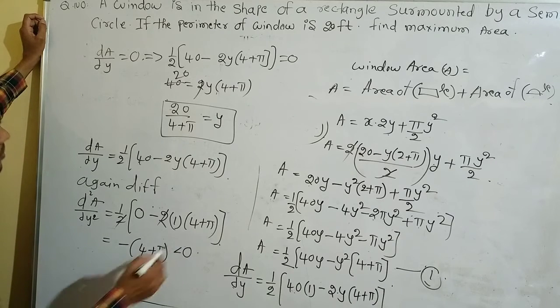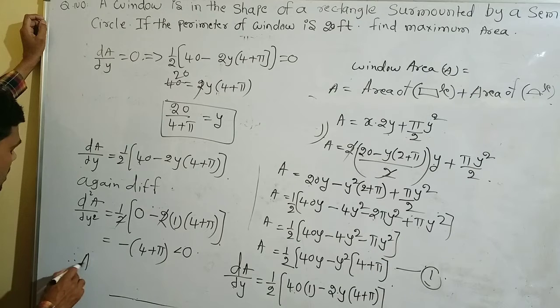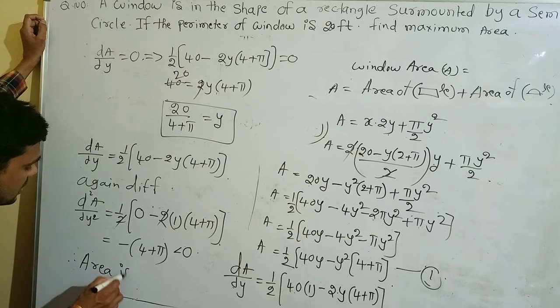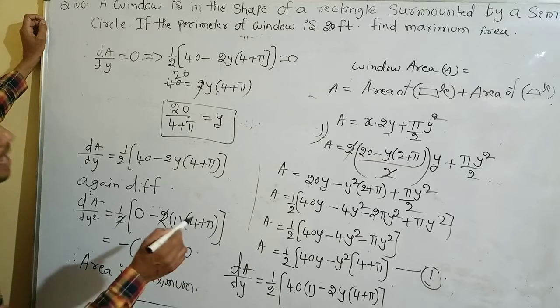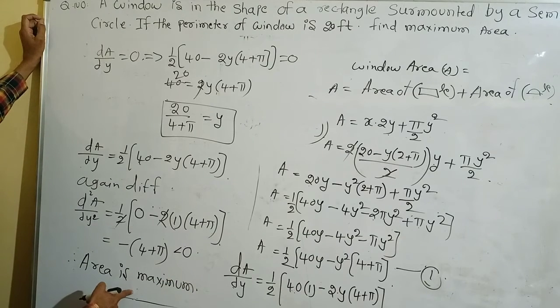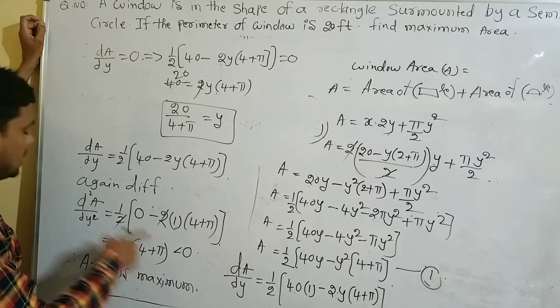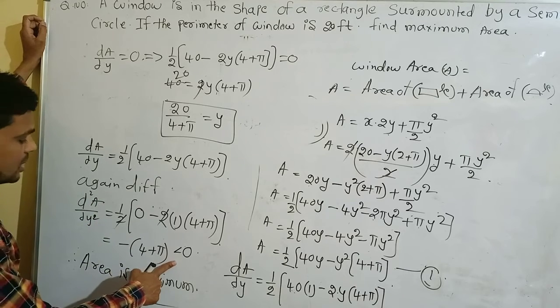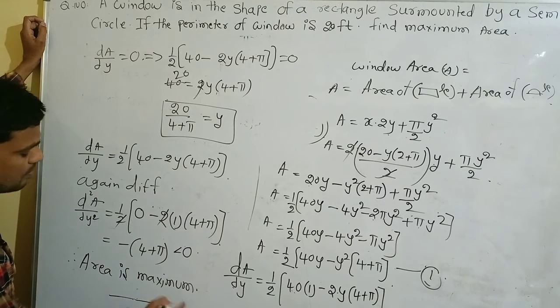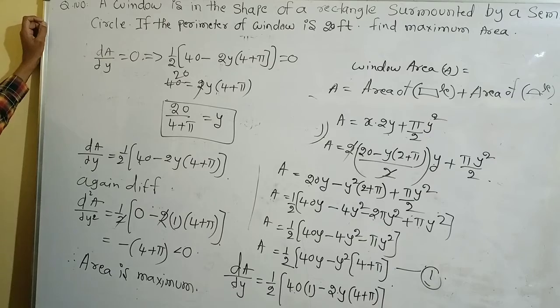This is less than 0. Therefore, area is maximum. Area is maximum when d square A by dy square is less than 0. Then area is maximum.